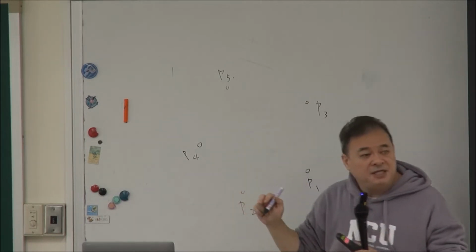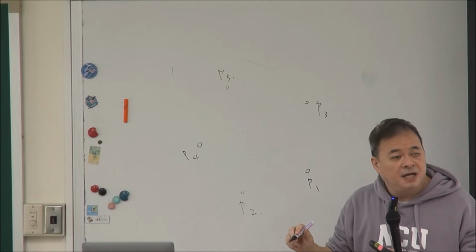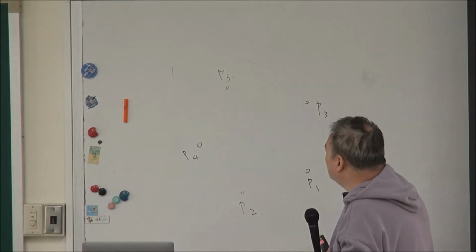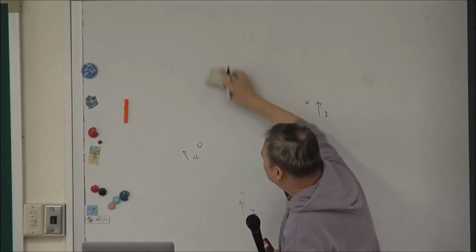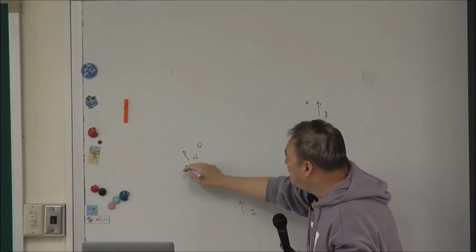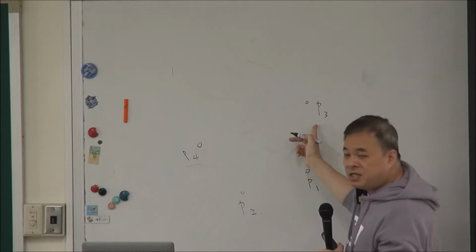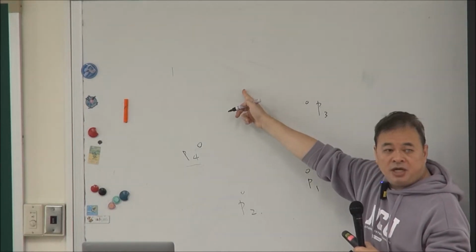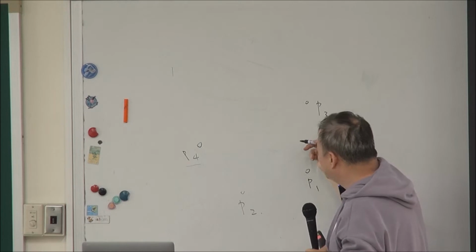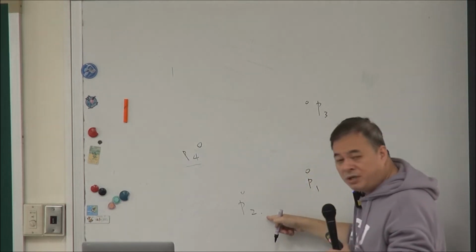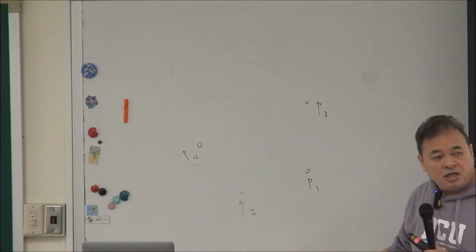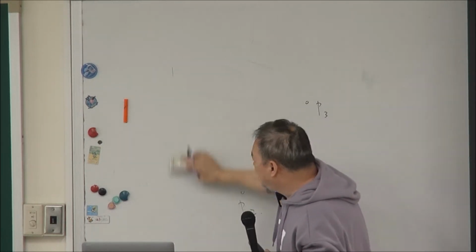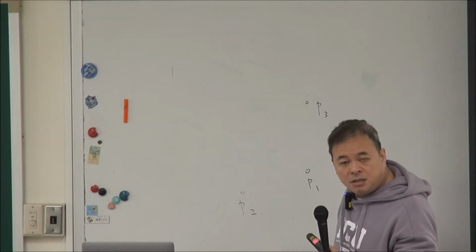Counterclockwise is P4, right? And then after removing P5, the clockwise neighbor for P4 is P3, not P5. The P5 is gone. So the clockwise neighbor is P3. The counterclockwise neighbor is P2, right? Just want you guys to understand what we are doing here.